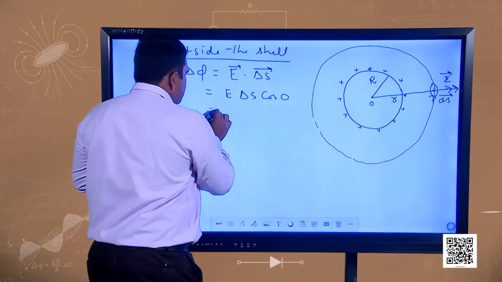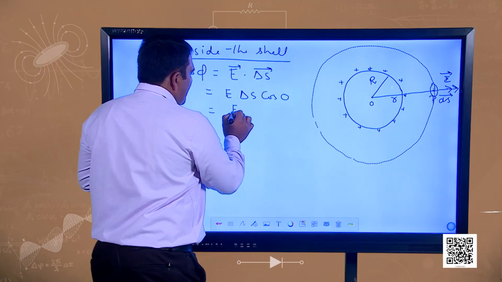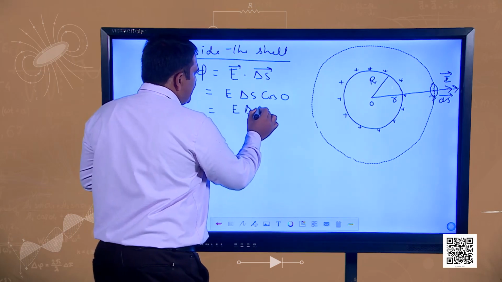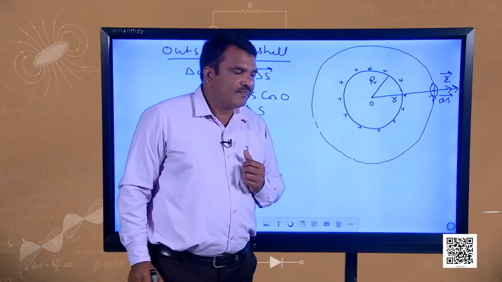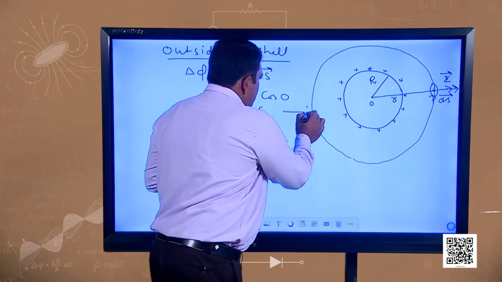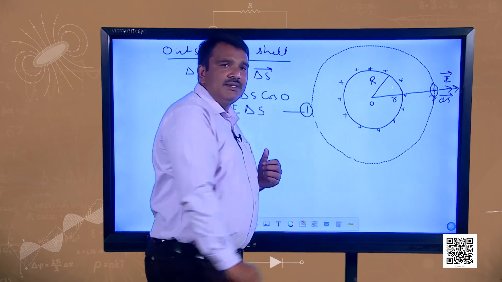So, the small flux passing through this small area element delta S will be E delta S. Let us give it equation number 1.